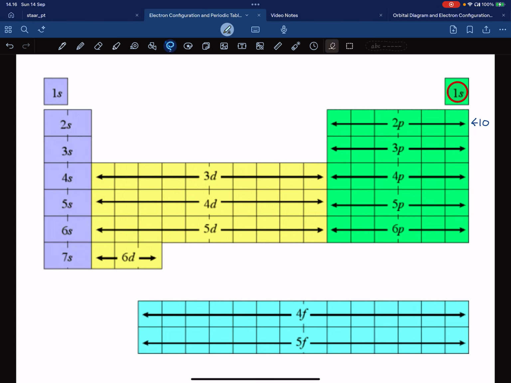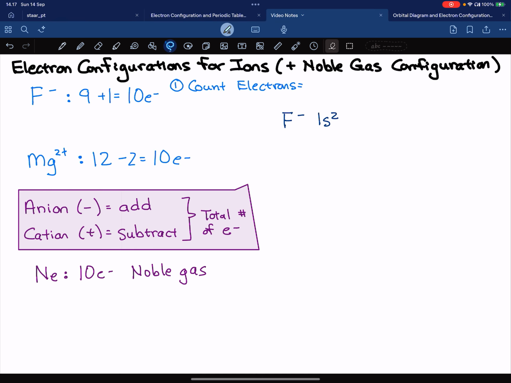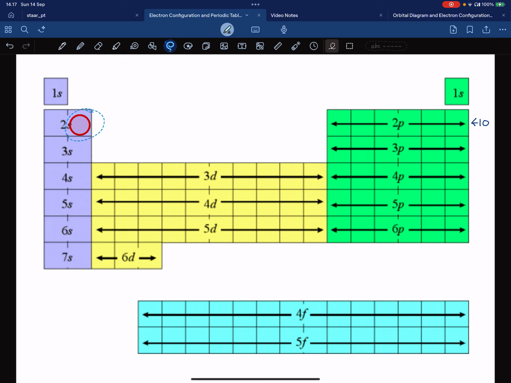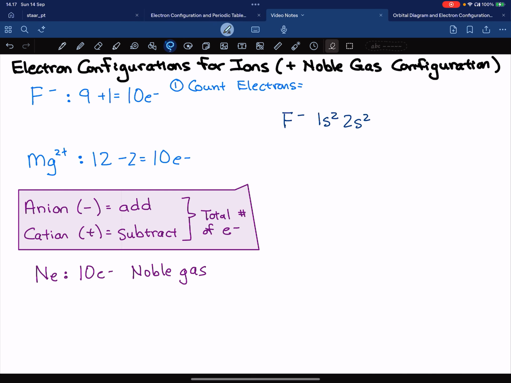From there, I'm going to move down to the next period, 2s, 2s1, 2s2. So I'm going to have 2s2. Then I'm going to move over to 2p, 2p1, 2p2, 2p3, 2p4, 2p5, 2p6.